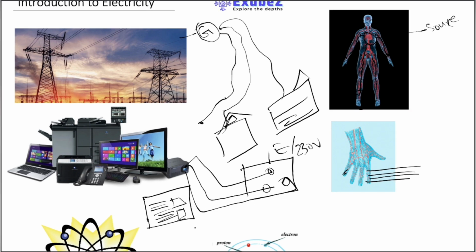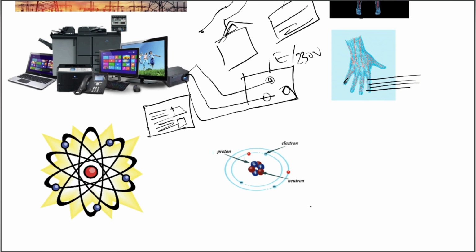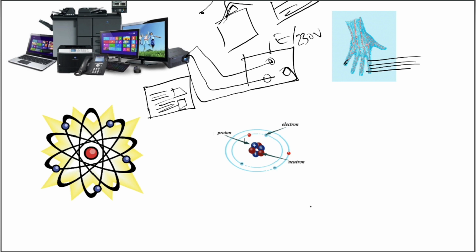Moving ahead, let's look at some of the science behind electricity. In order to explain that, we need to recall the atomic structure. Before that, what's an atom? As you know, the atom is the most fundamental element of any material in the universe.